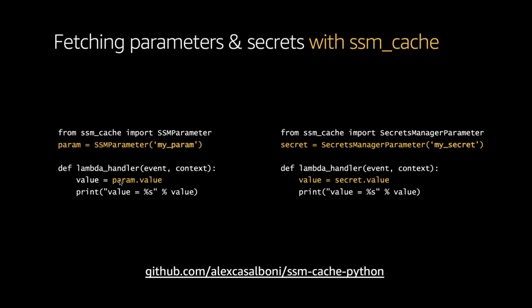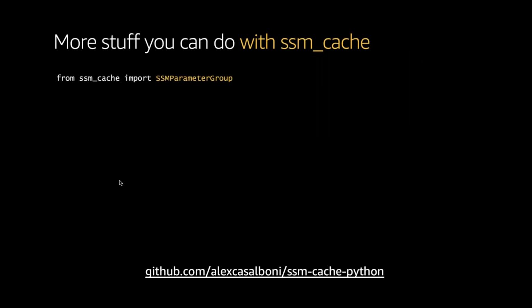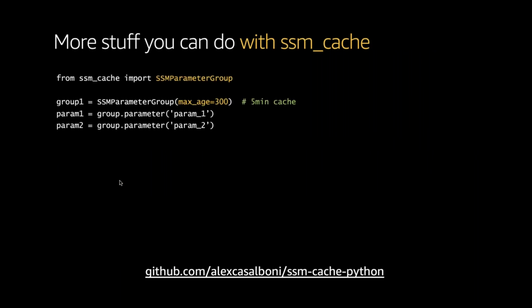Now, if this is a password or something that rotates, you probably want to have some sort of caching that expires. So you can use additional features of this library. For example, you can do grouping. I can have a group of parameters with a 5 minute cache shared across the group, and then I add parameters to it.